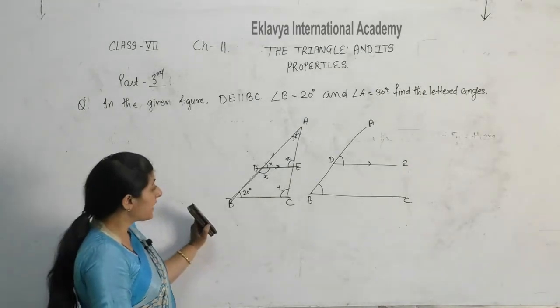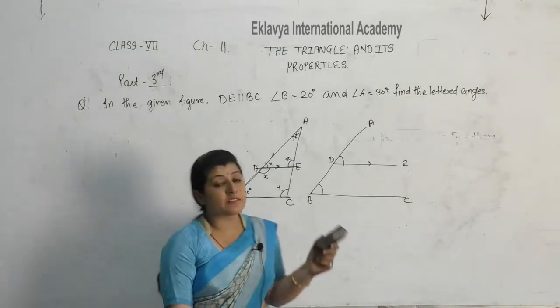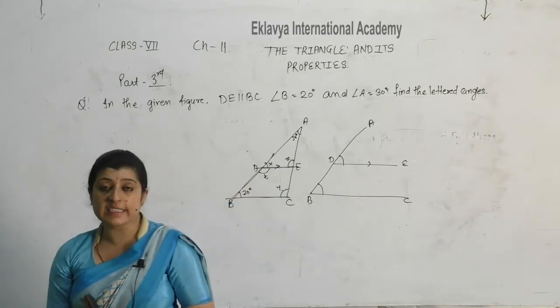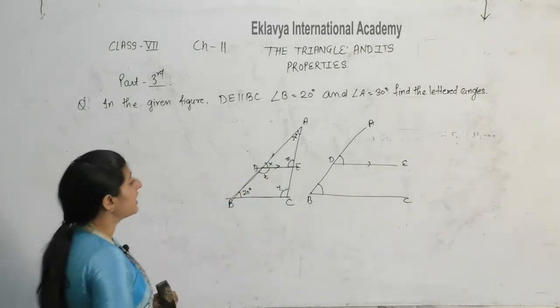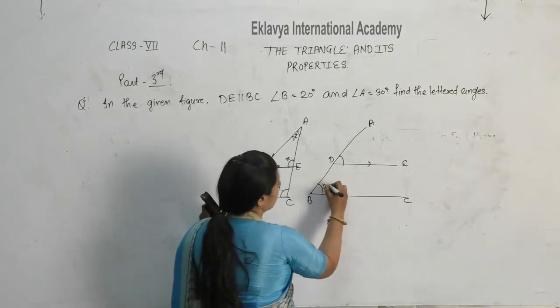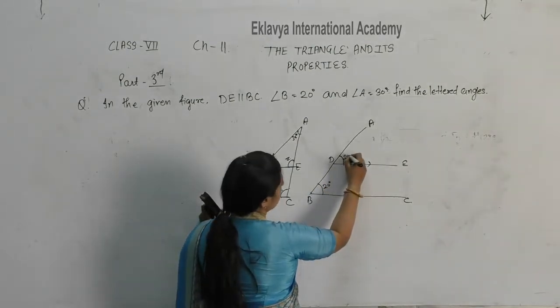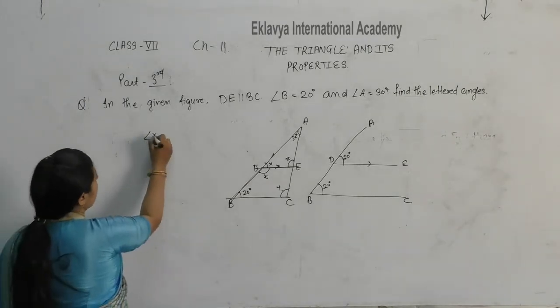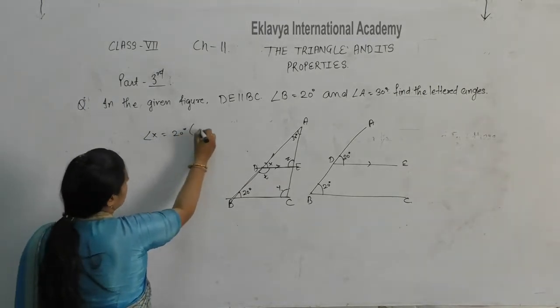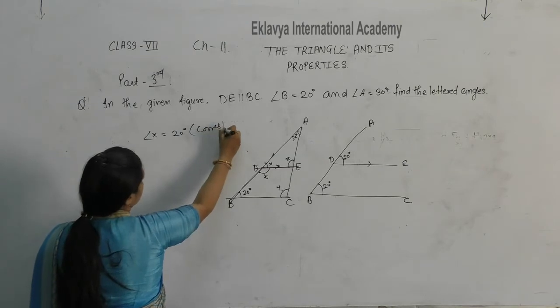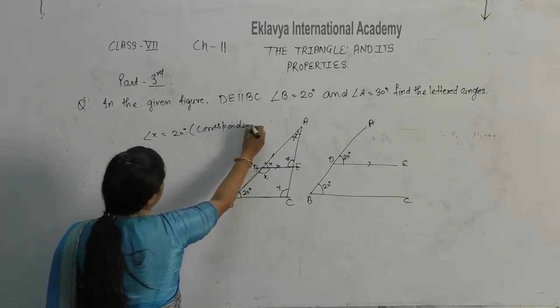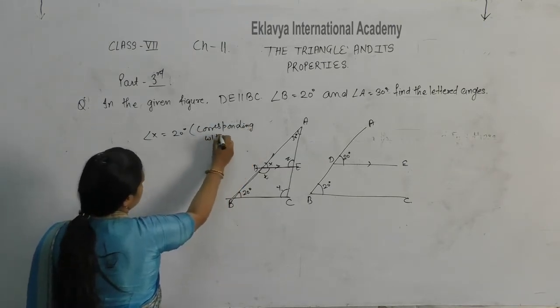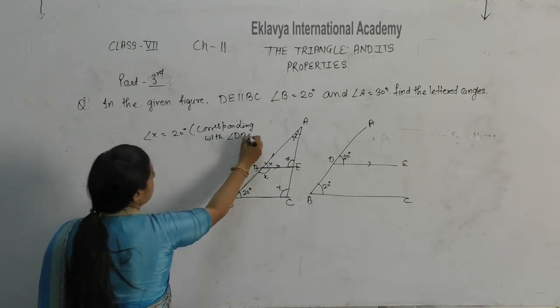And we know that when a transversal intersects two parallel lines, their corresponding angles are equal. So this one is 20 degree, then this one also 20 degree. So what is the value of x? We can say x is equal to 20 degree, corresponding with angle DBC.